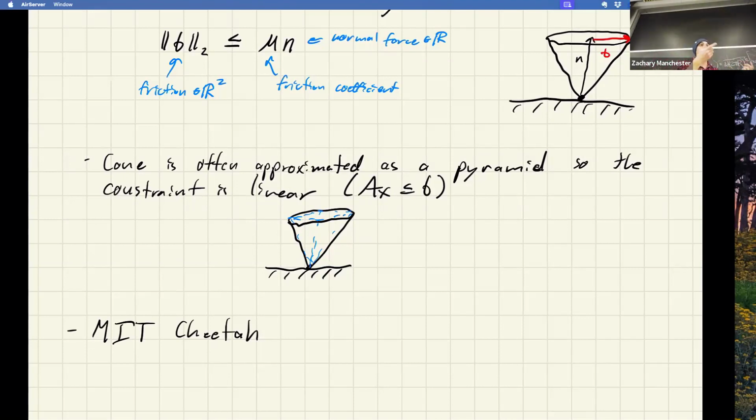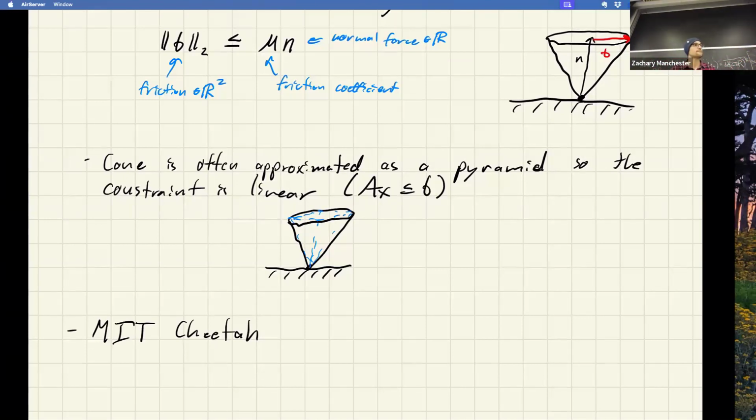That would mean mu changes at the boundary of the cone, which doesn't happen here. And then there's even weirder stuff as you start sliding. There's the Stribeck effect: your friction drops as soon as you break static friction, but then creeps back up again as velocity increases, all kinds of weird stuff. It's very messy in real life. So this is a very first order approximation of real friction.